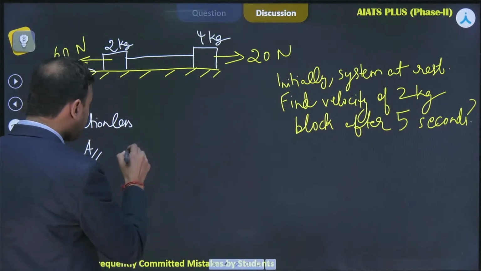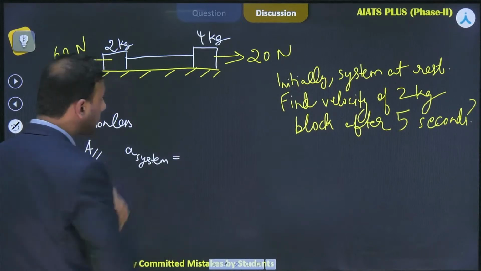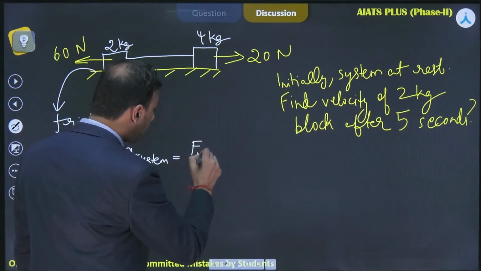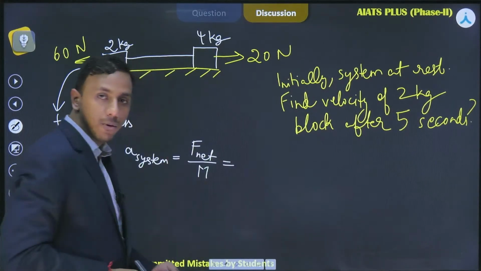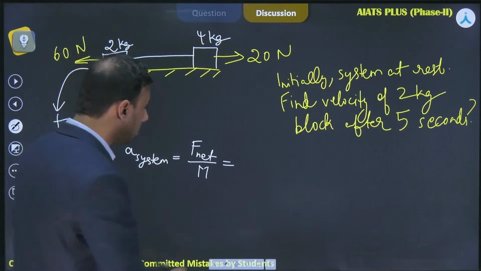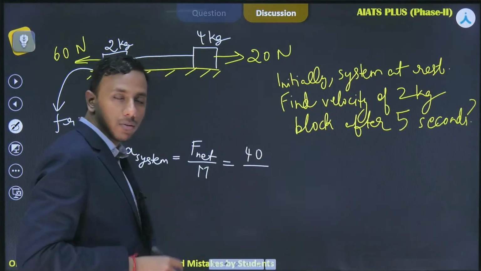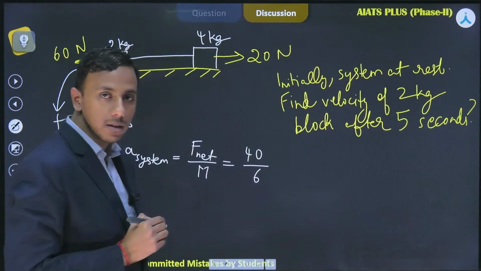And what would be the acceleration of this system? Can you tell me? Acceleration would be net force upon total mass. Net force is how much? 60 minus 20, that is 40 Newton, upon the total mass, which is how much? 2 plus 4, 6.